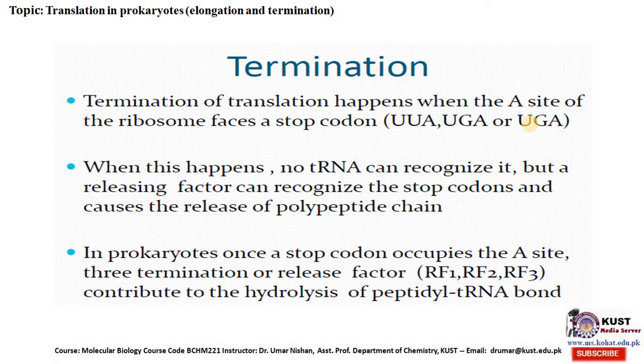Now, remember from the lecture on the genetic code, we talked about the 64 possible codons. Among those 64 possible codons, we have 61 codons which code for amino acids, and there are 3 codons, UAA, UGA, and UAG, that are stop codons.